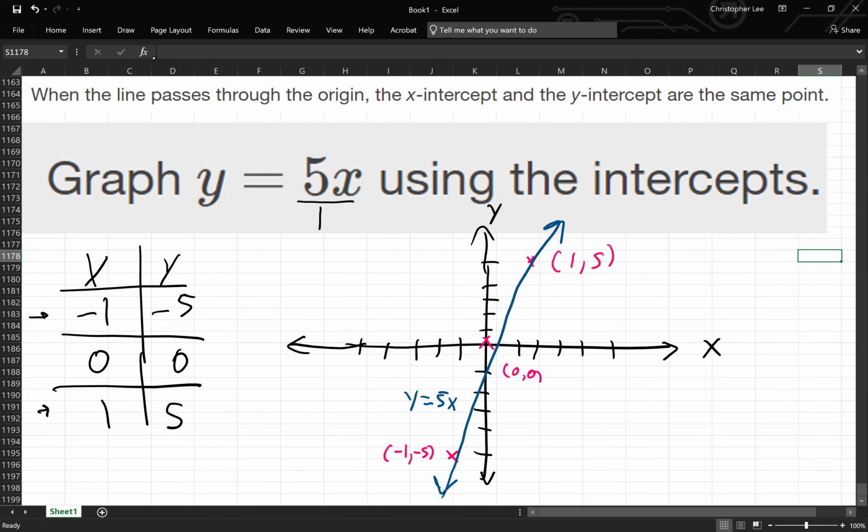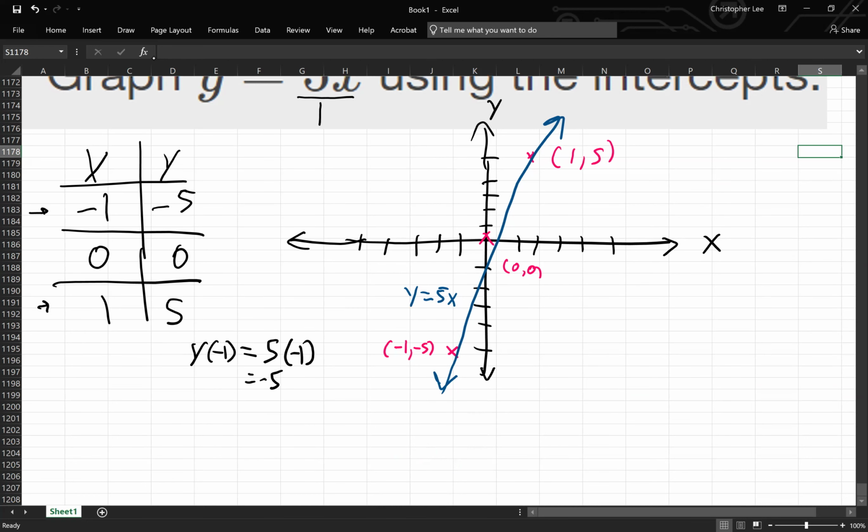Any questions on this? Go ahead. How did you choose that? Oh, no, I plugged it in. So let me see. Y of -1, for example, this is gonna be 5 times -1, so -5. And then y of 0, this is 5 times 0.